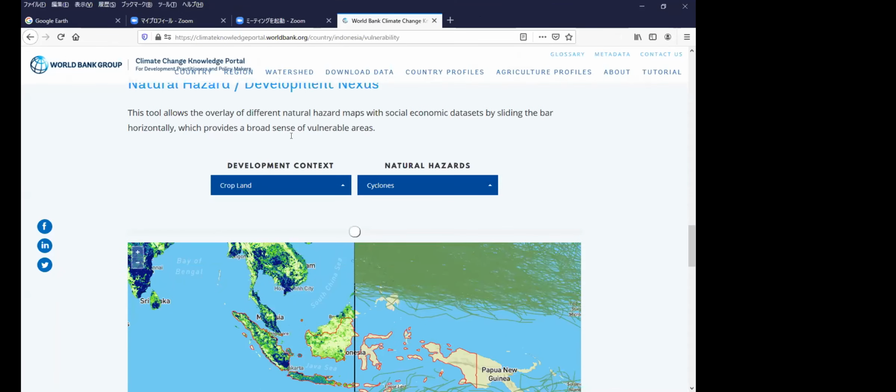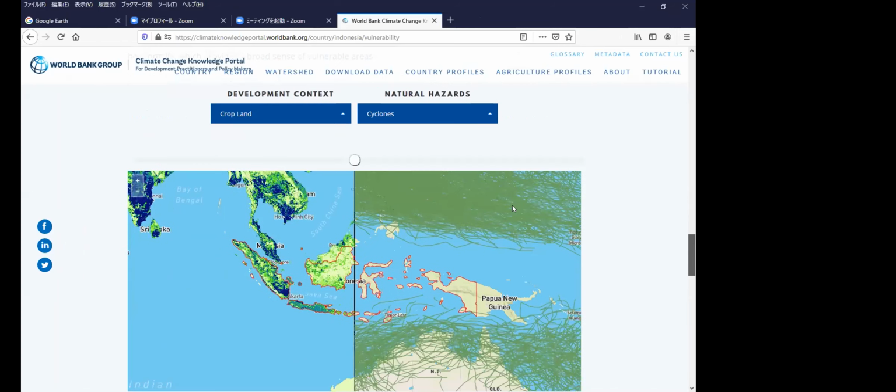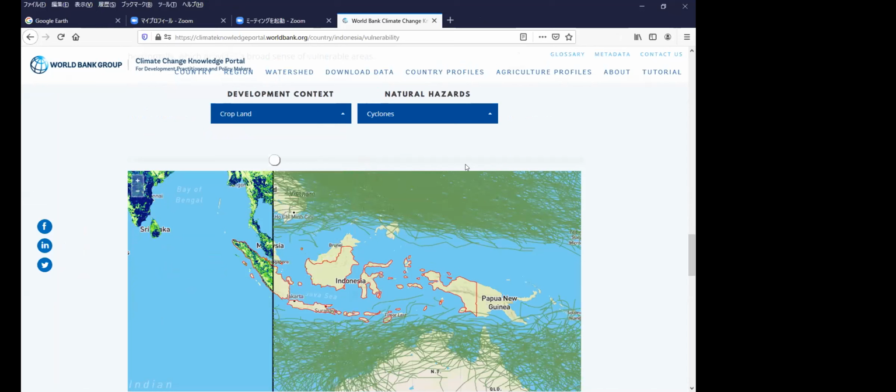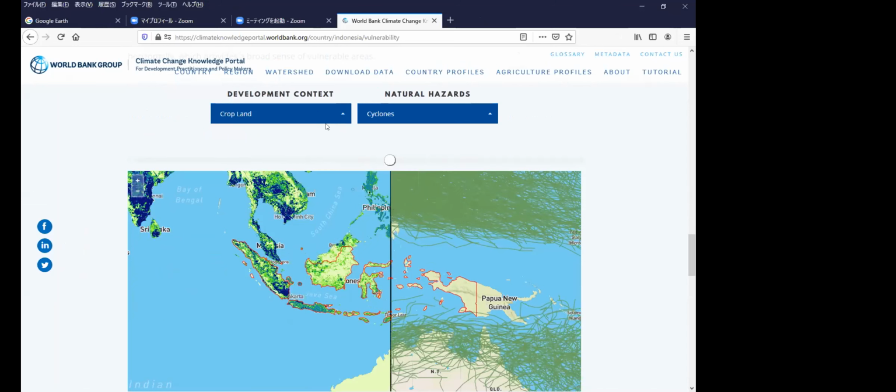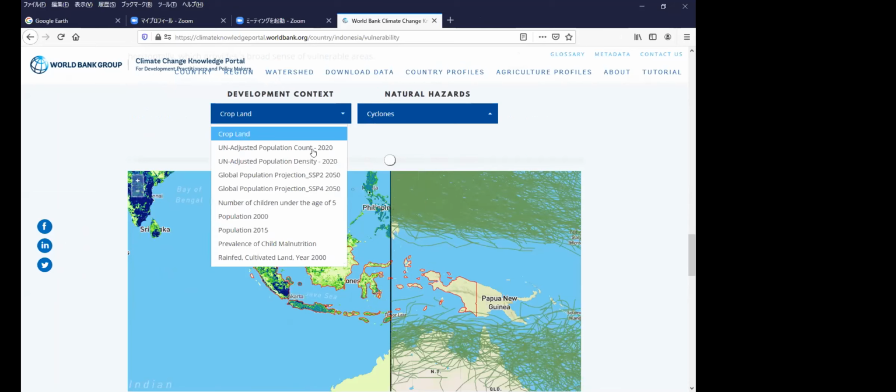I find natural hazards, and a map and slide bar like this. We can choose two types for some indicator.